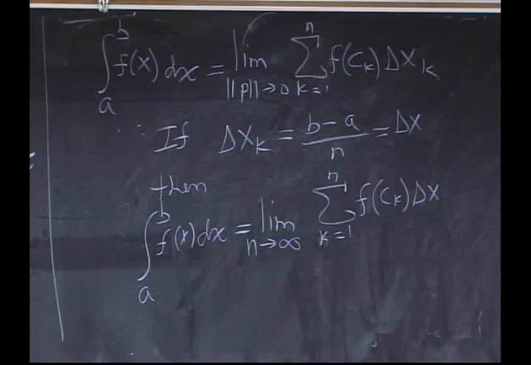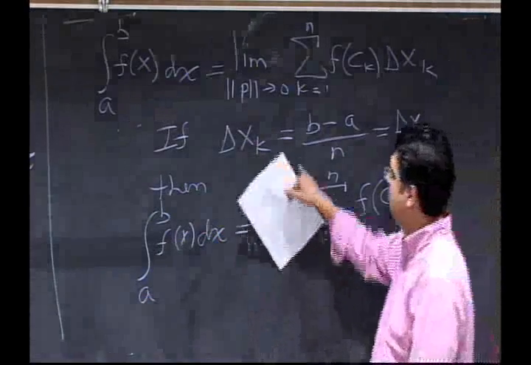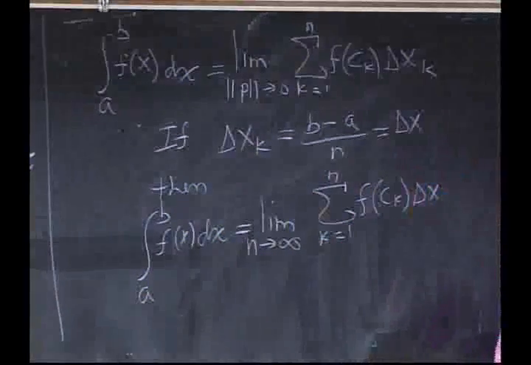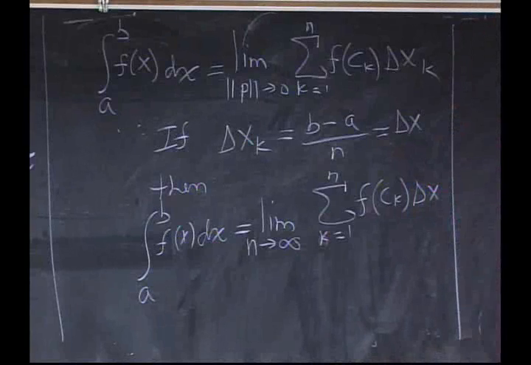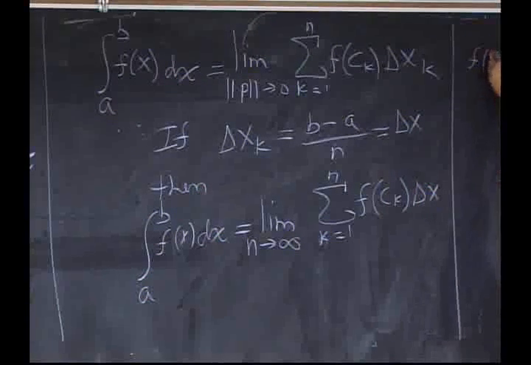We said that taking equal subintervals makes the computations easier. So for this example, f of x is x.